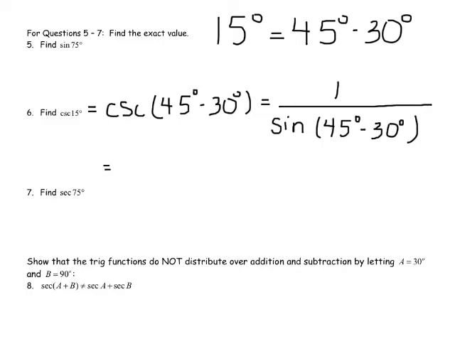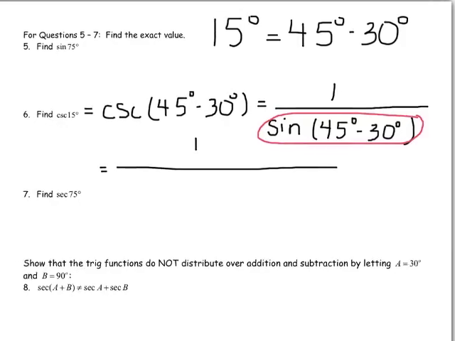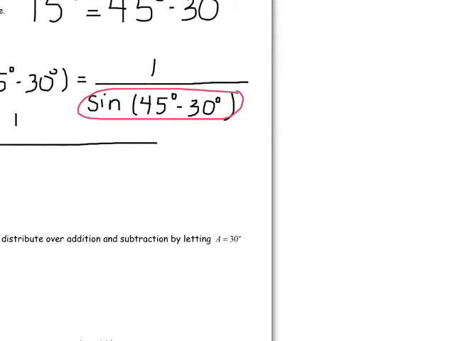I'm going to take this and expand it according to my rules of expansion. So 1 over sine 45 minus 30. Looking at your formula chart, you see sine A minus B is equal to sine A cosine B minus cosine A sine B. So if I need to write that, I'll go ahead and do that.